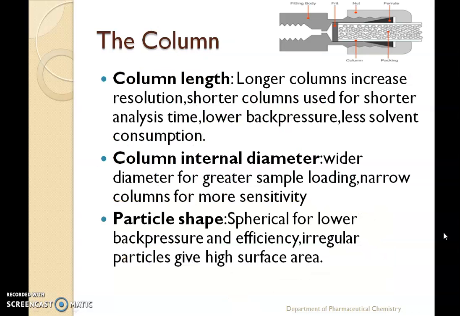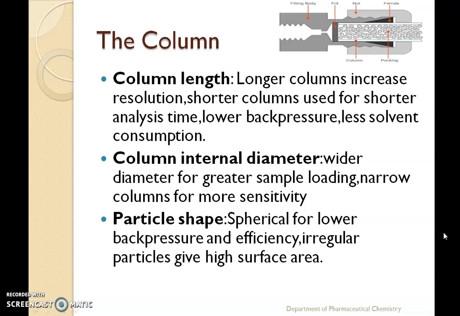So the main advantage of HPLC, as you all are aware, is the resolution. Resolution plays a very important role, particularly when you see the column length. Longer columns are usually used to increase the resolution, and shorter columns are used for shorter analysis time.